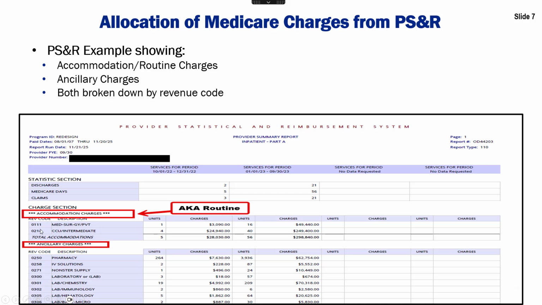A couple things I want to point out here. First of all, the revenue code is a 4-digit code, although many of them start with 0 until you get later on. That's perfectly fine. But these revenue codes, this is the breakout that the billing system requires. It's not going to be the exact same thing as the provider's accounting system for their costs or even their revenues.